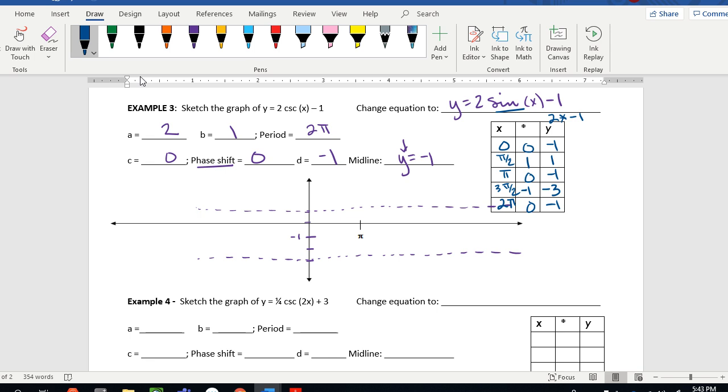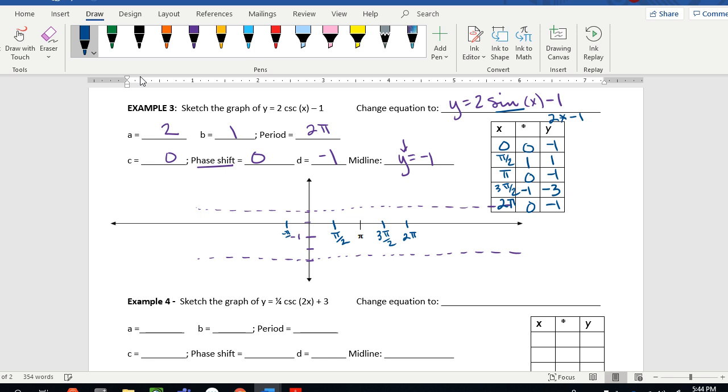Okay, so if I go to graph this, I need increments of pi over 2. So I've already got pi, so I'm going to keep that. This is pi over 2. This is 3 pi over 2, and this would be about 2 pi. Now I could keep this going, but I'm going to go back the other way.